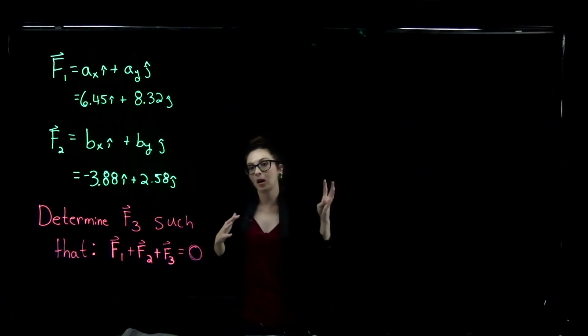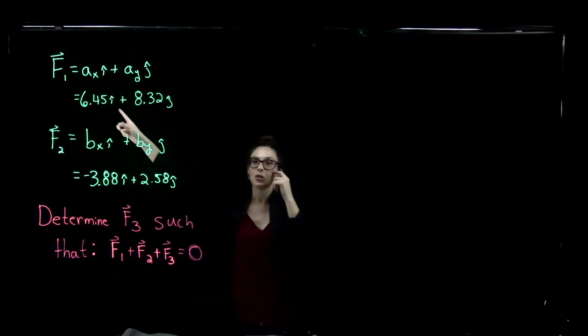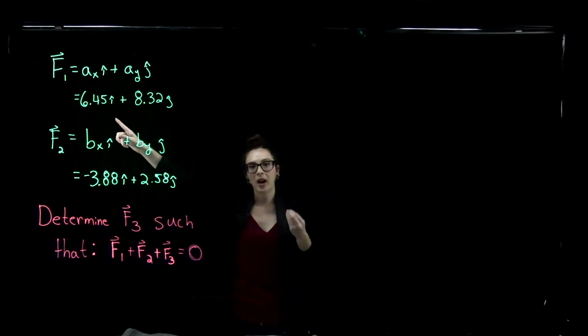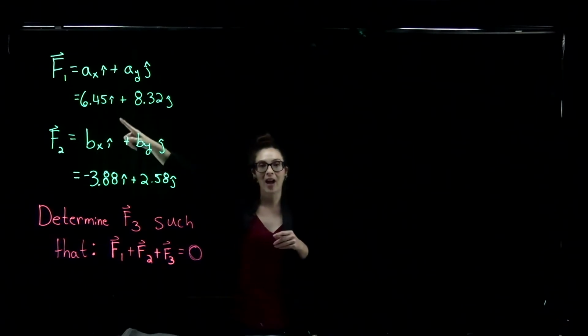Canvas gave me 4 quantities, one for AX, AY, BX, BY. Whenever I take those quantities that Canvas gives me, I can write out my force F1 in its vector notation. And so here for me, my force F1 is equal to 6.45 i hat plus 8.32 j hat.